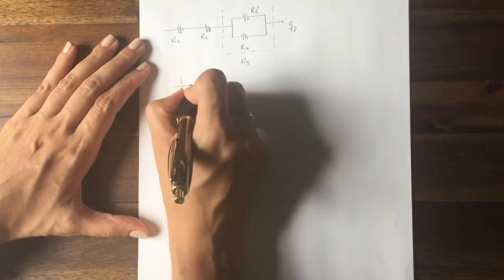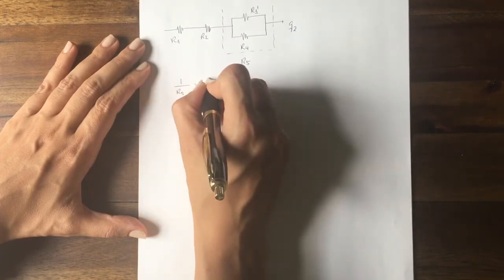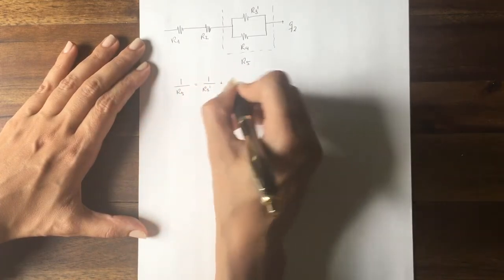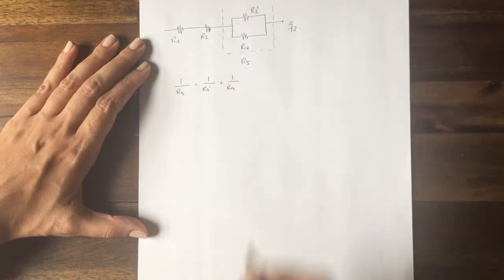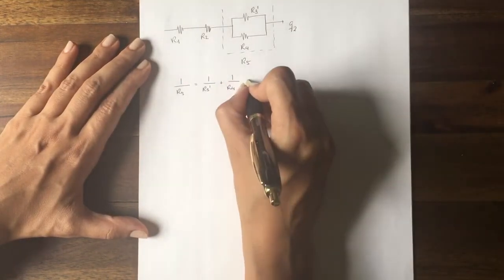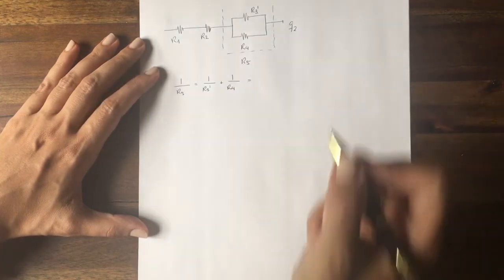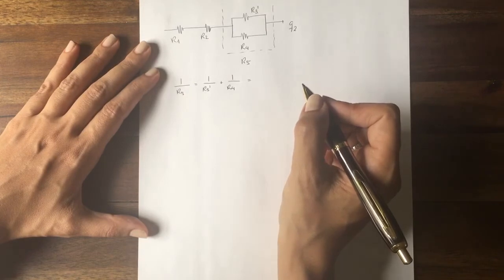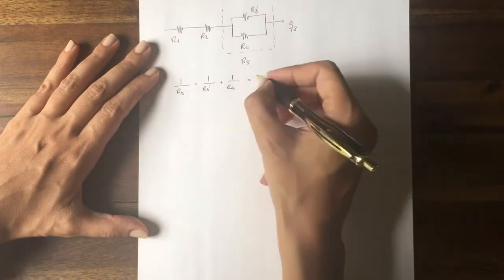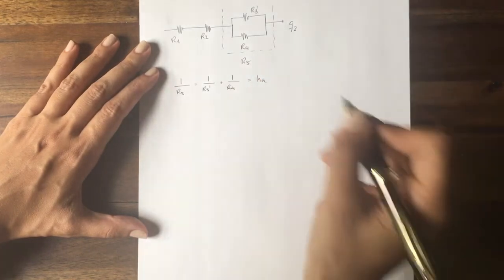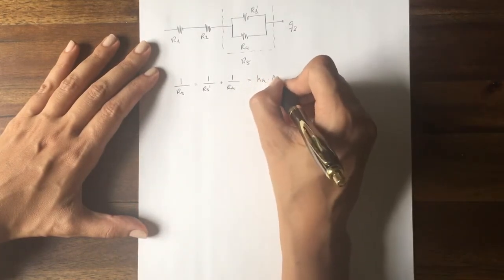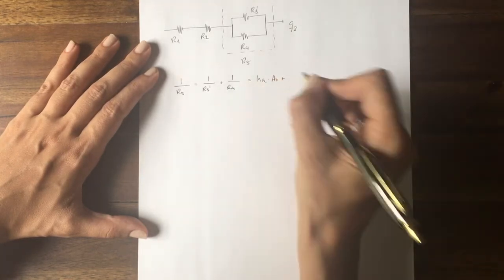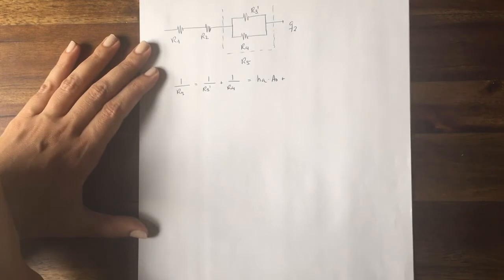That means that 1 over R5 is equal to 1 over R3 prime plus 1 over R4. R3 prime is equal to 1 over the convective heat transfer coefficient times the area. So the inverse of that will be h_a, because it's on the air side, times A sub 0, plus the inverse of R4, which is directly related to the fin, the convection happening in the fins.